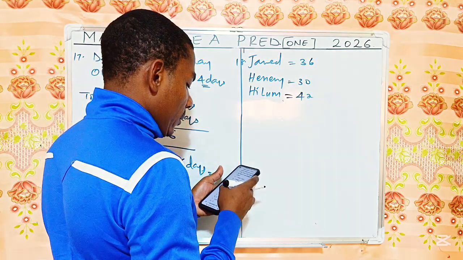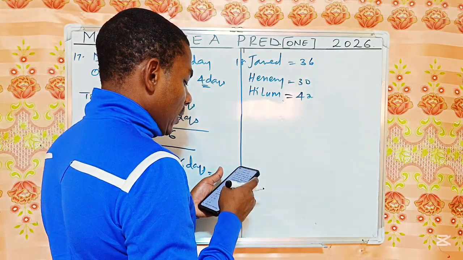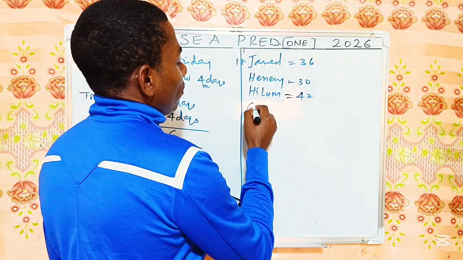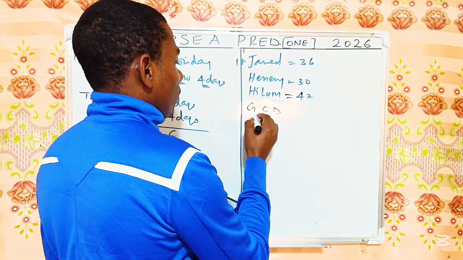What would be the greatest common divisor of their scores? So what is the GCD of their scores?